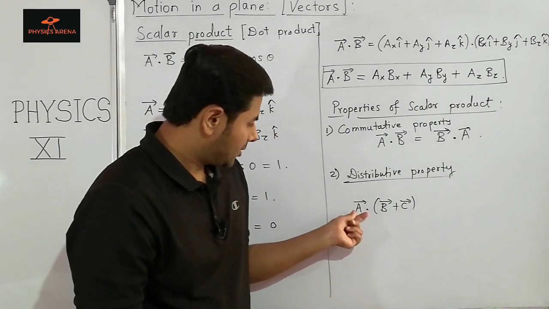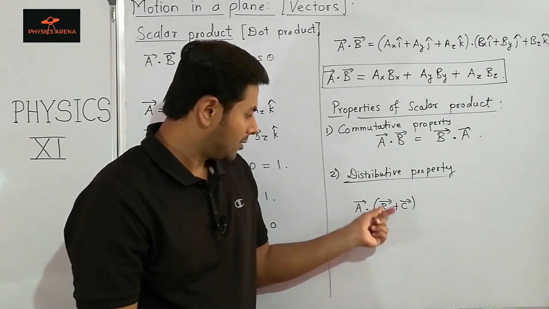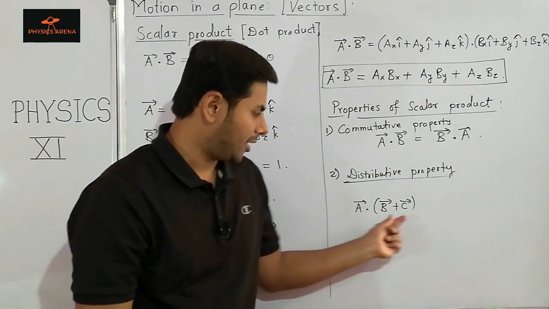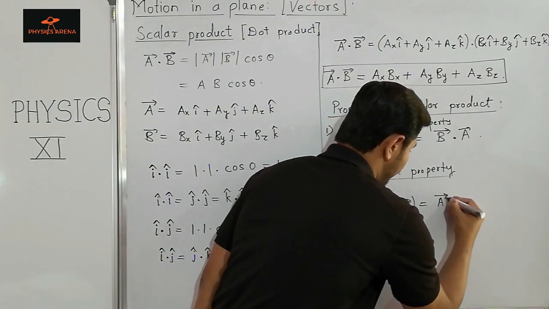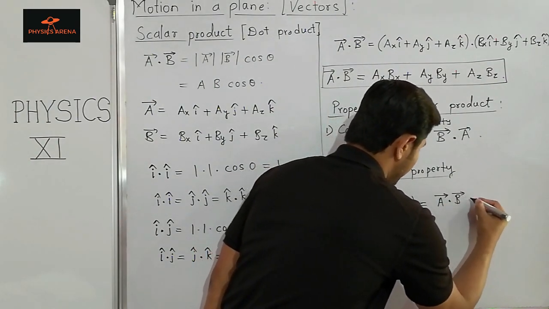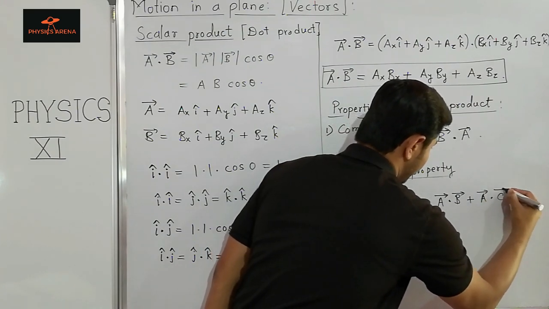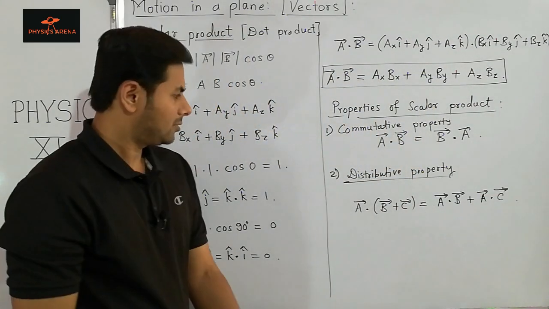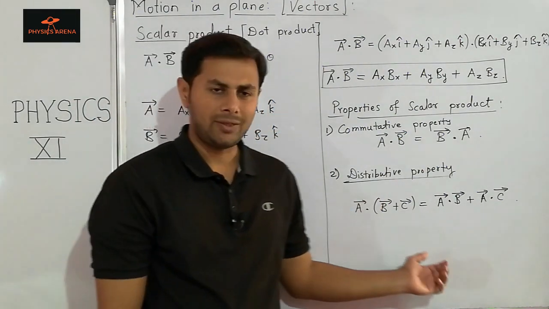It is just like taking the scalar product of a bar with b bar plus the scalar product of a bar with c bar. So it is equal to a bar dot b bar plus a bar dot c bar. So this is the distributive property of scalar product.